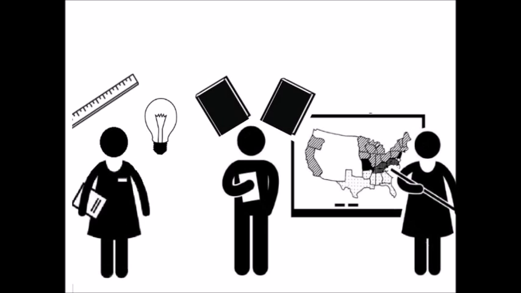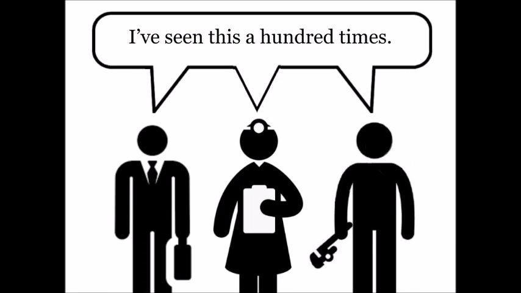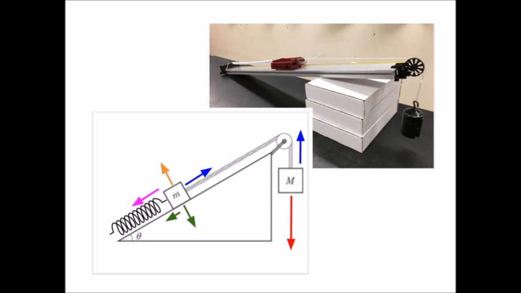The students, with some prompting, are able to use what they've learned to make a statement and justify it, and of course it works, says the teacher. I've been doing this thing 100 times. And so has the professional. Only no, they haven't seen this thing 100 times. Every situation is unique. Abstraction is seeing past those details that make the situation unique to the essential elements that you have experienced before.